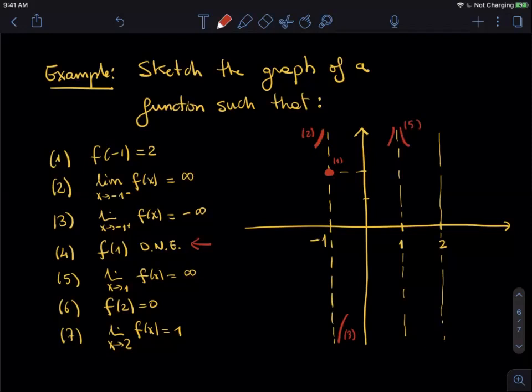Then 6 says that f of 2 equals 0. And 7 says that the limit as x tends to 2 is equal to 1, which would be here. This would be 7.